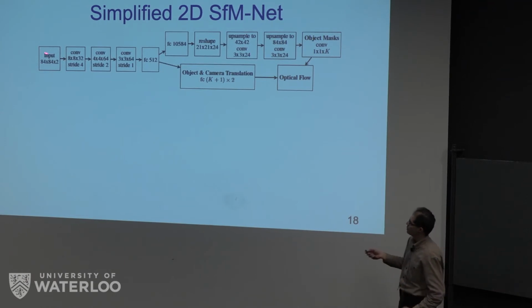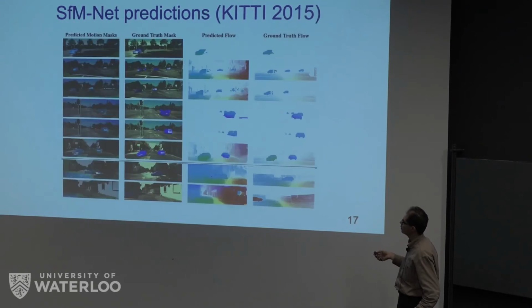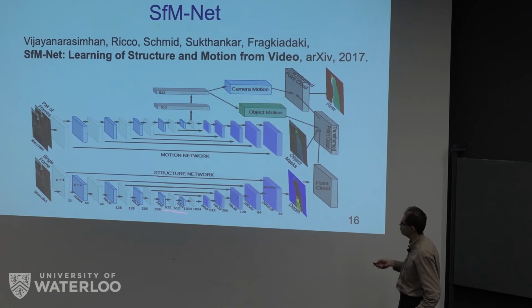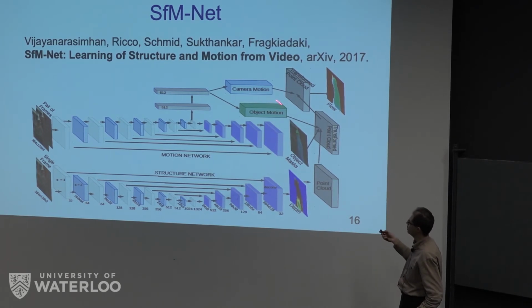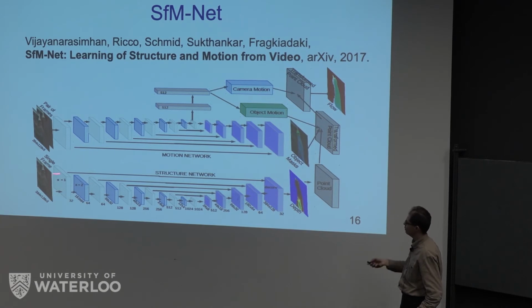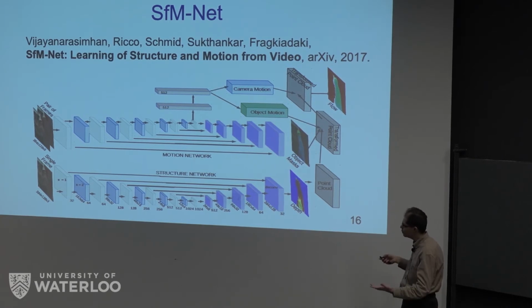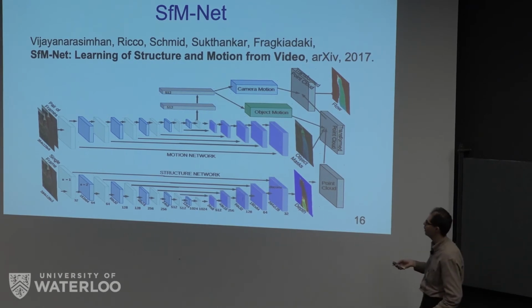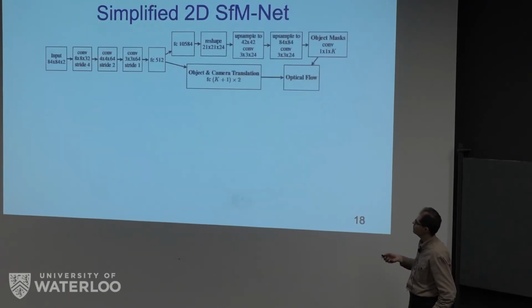Here we essentially have the top part of the network that I showed just before. SFMNet has two parts. The top part is responsible for computing the object mask as well as motion. The bottom part is the depth. But if we're in a 2D environment, we don't need depth information, so we're just going to get rid of the bottom part.